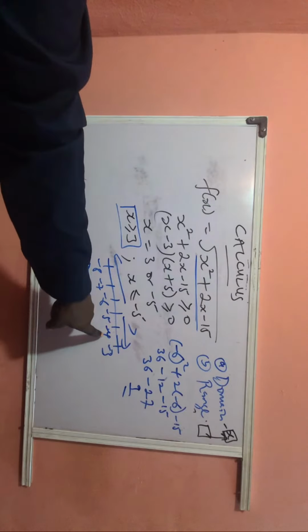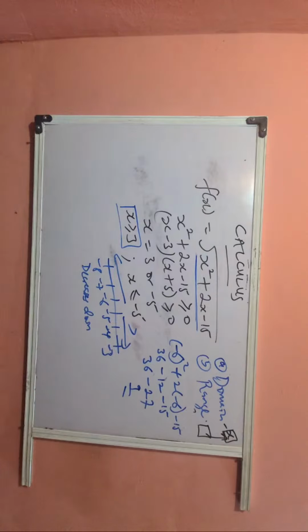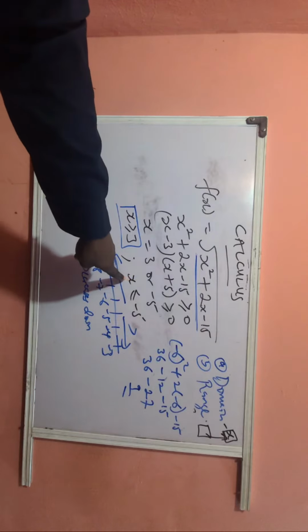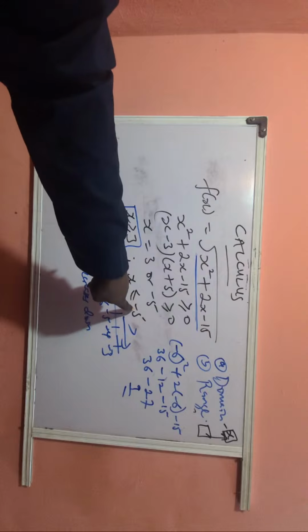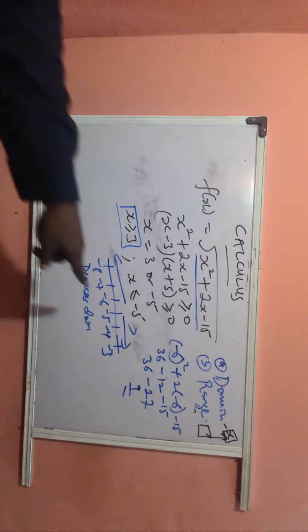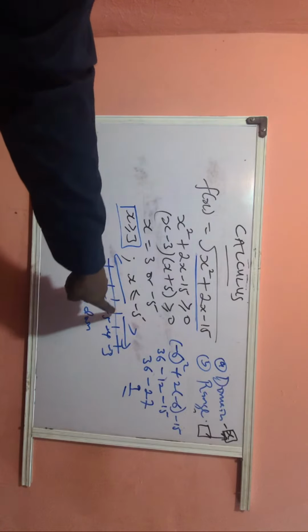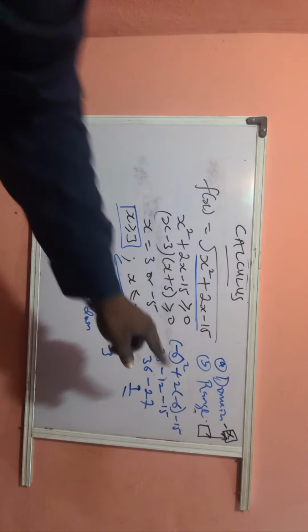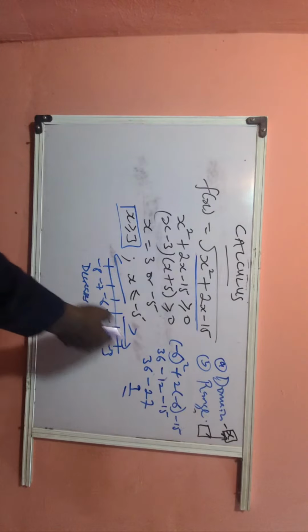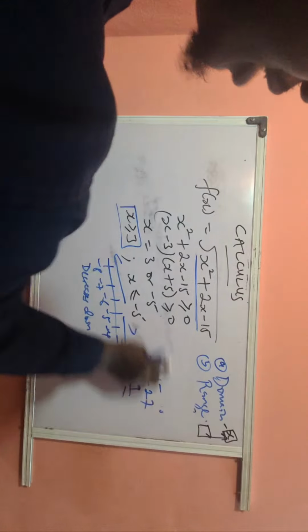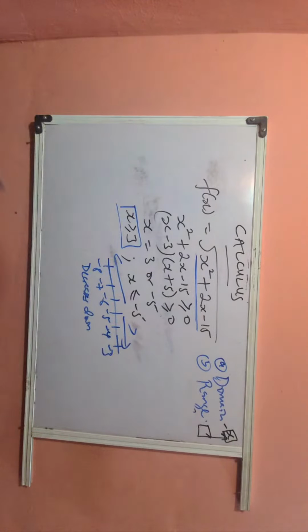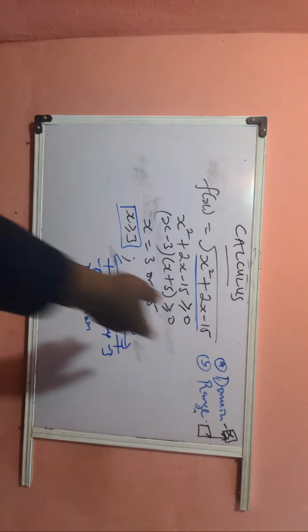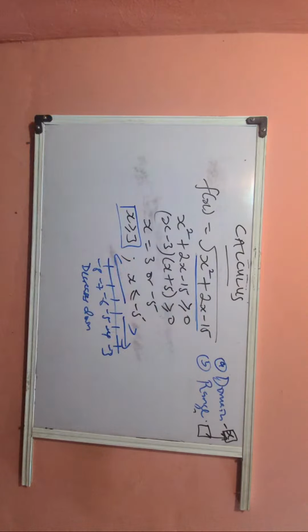Now, but let's try and see for -4, -3. I want you to understand why our x values are less than or equal to -5. If your x value is greater than -5, let's see what will happen. Let's try and examine for -4. This is the basics of how you're going to be able to obtain the domain and range without making any mistake.